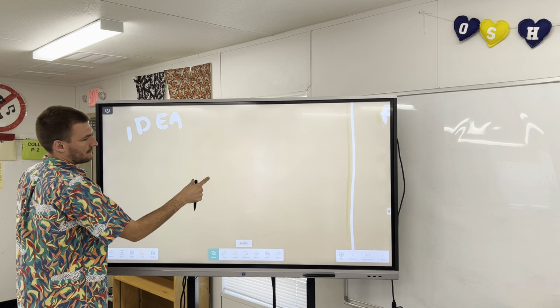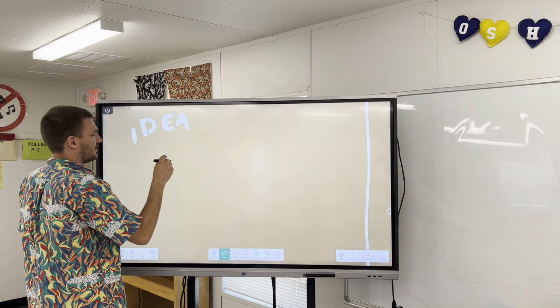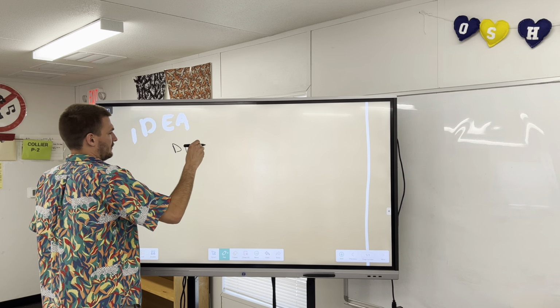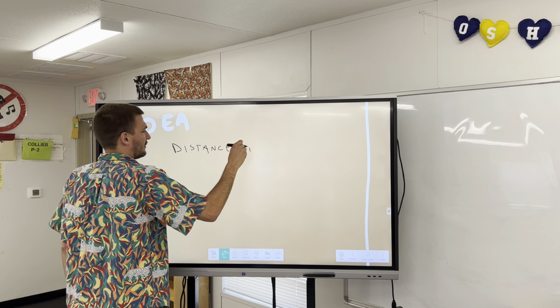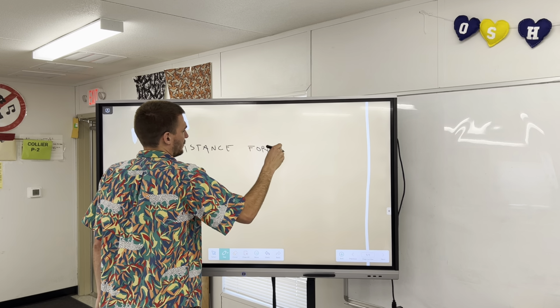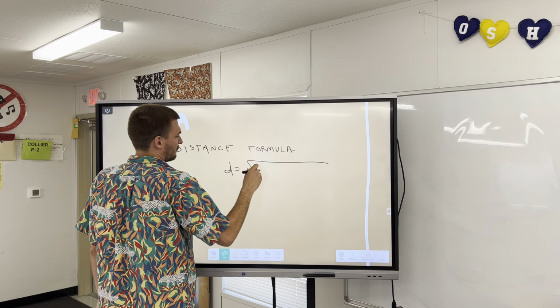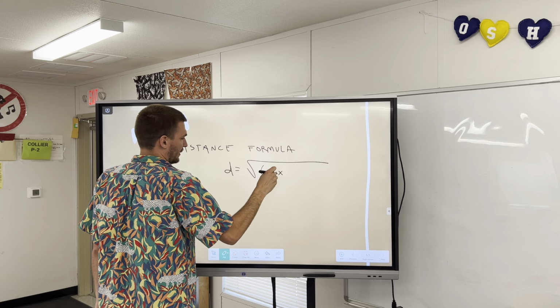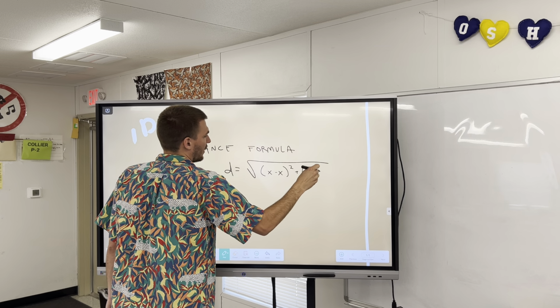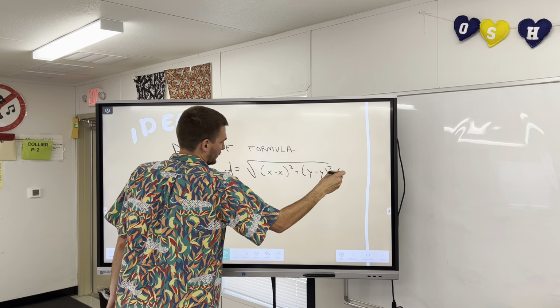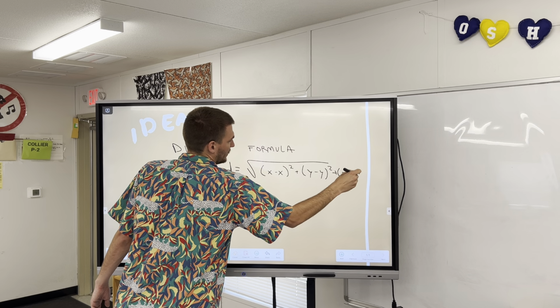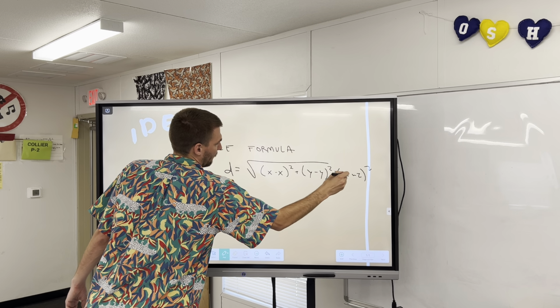Ideas, and I guess I'm coming up with all the ideas, so let me help you with the first one. Distance formula: square root of x minus x squared plus y minus y squared, and we're in 3 dimensions, plus z minus z squared.